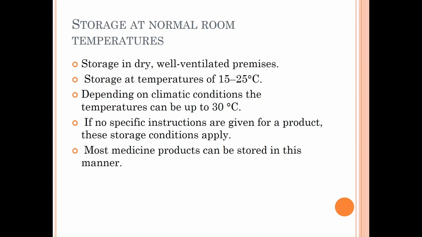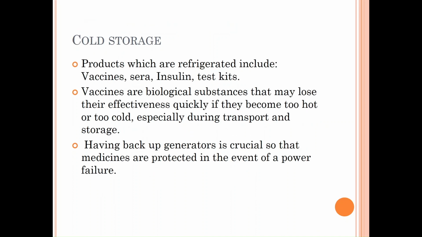If no specific instructions are given for the product, these storage conditions apply for all products that do not have specific instructions. In case we go through the leaflet, in case we go through the label of the specific product and it has no special storage conditions, we are going to store it under normal room temperature. And most of the medicines or the products we have in the store, we store them in this specific manner.